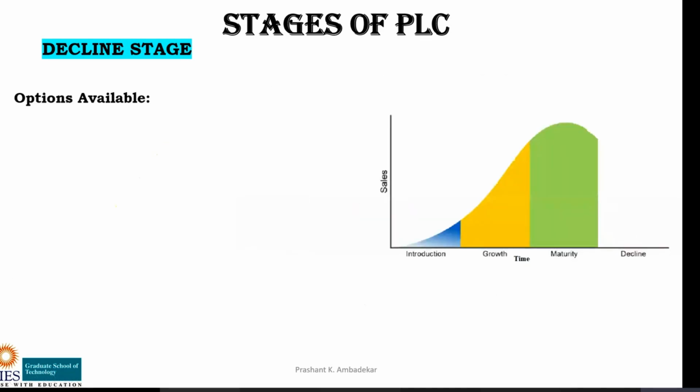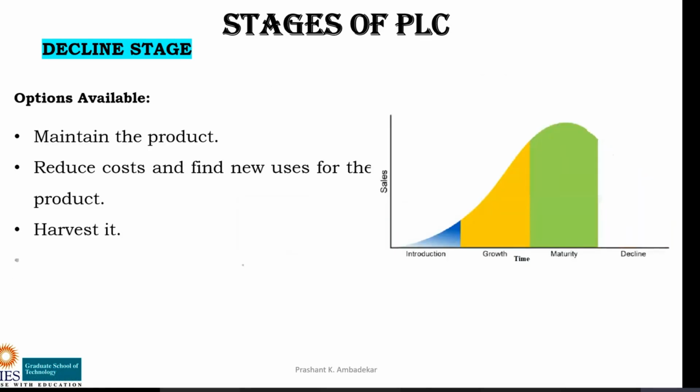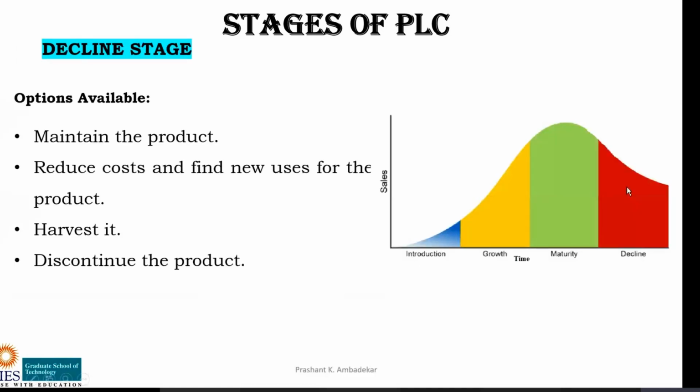The options available are either to go with the product and whatever quantity of items are made, sell it and get the profit and discontinue the product, or discontinue the product at once so that the reputation of the company remains, or maintain the product, increase the quality of the product, or do the necessary changes.